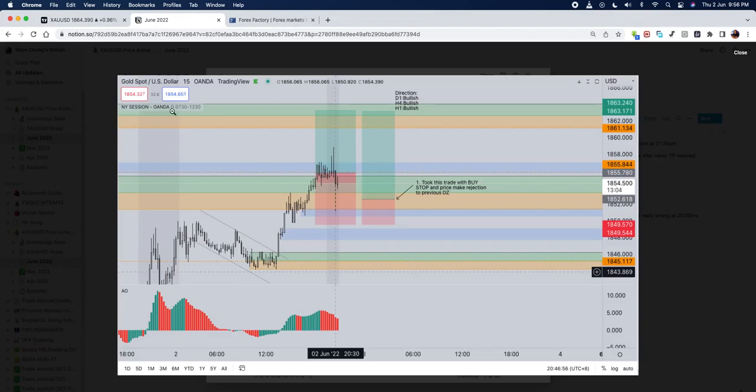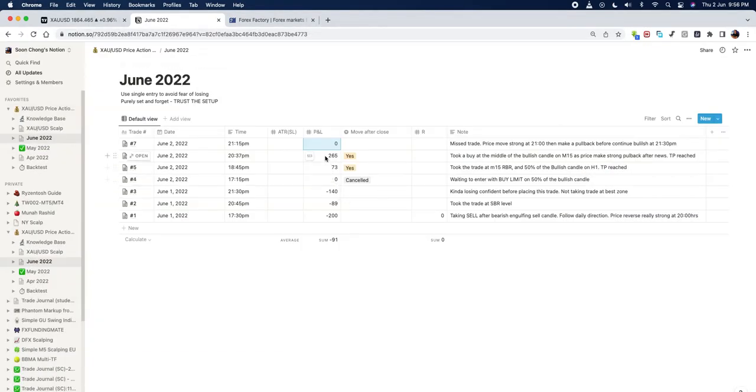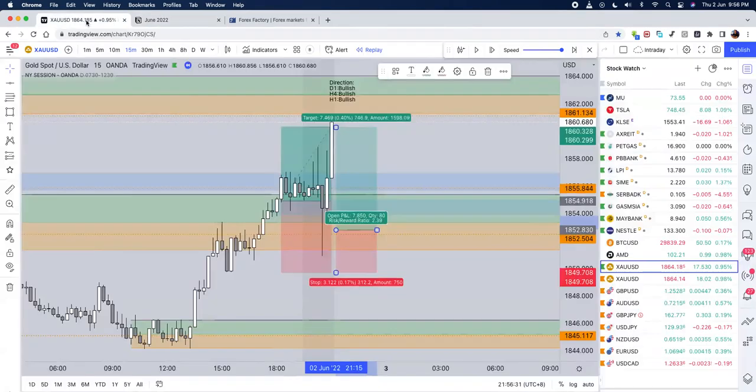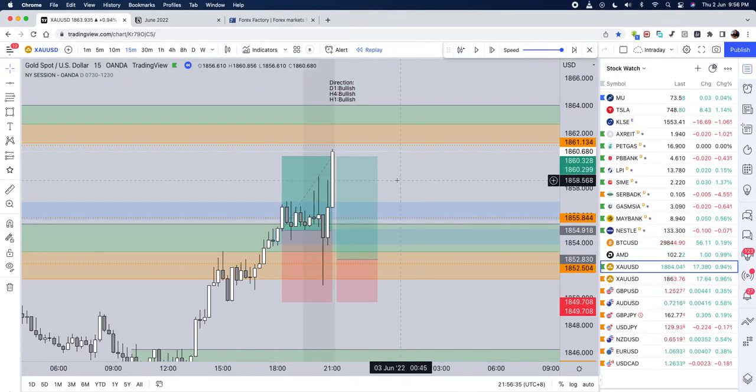So in the journal, let me look at the exact profit I got. The first one is $73, and the second one was $265. So I closed both trades, which I should have just left to reach the top of the zone here, which was my initial TP target, and let's see how it goes.